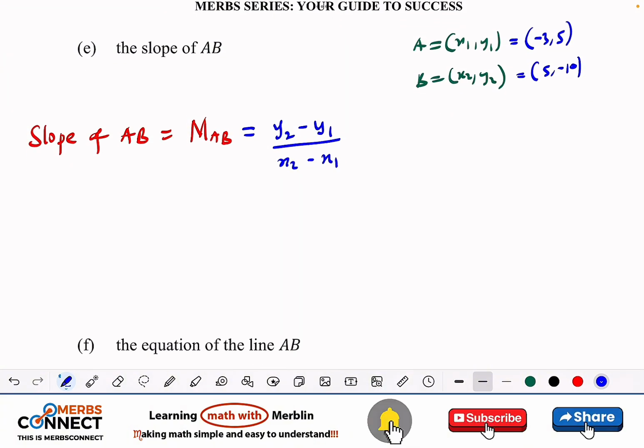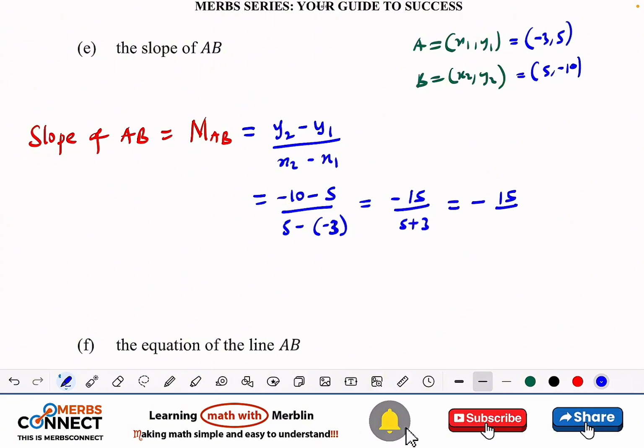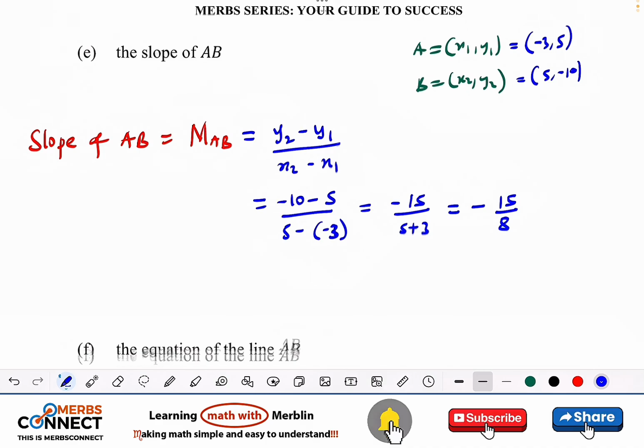So what we do here, we are going to have y2 to be minus 10 minus y1 is 5, divided by x2 is 5 minus 3, what is x1? So we are going to have minus 15 divided by 5 plus 3, which is going to give us minus 15 divided by 8.